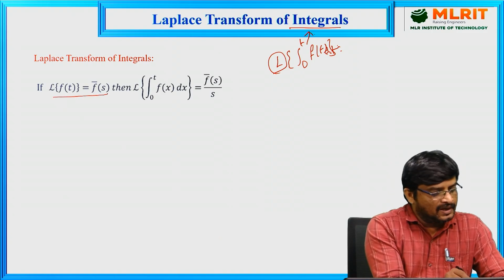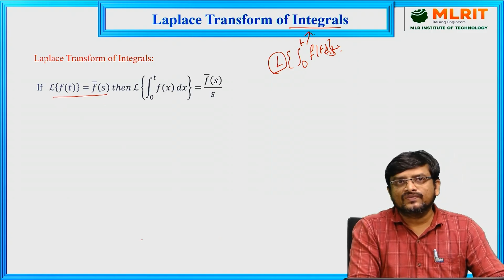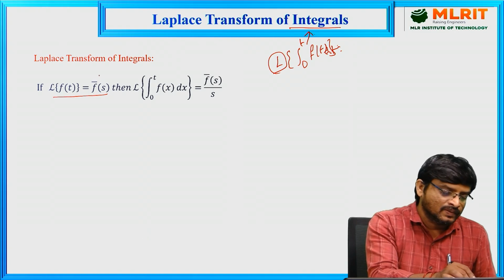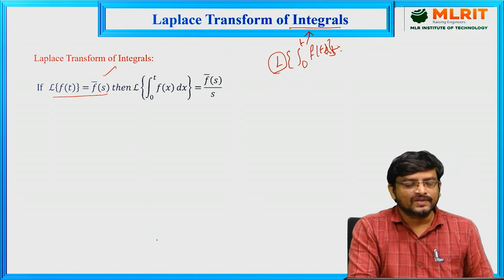Now let us take the statement. L of f of t is equal to f bar of s, that is, whatever value we get for the Laplace transform of f of t, we consider as f bar of s.